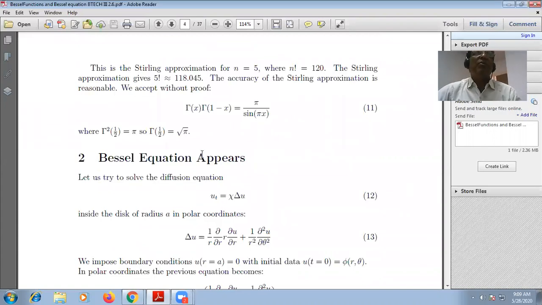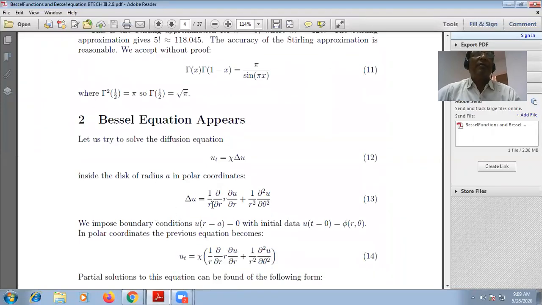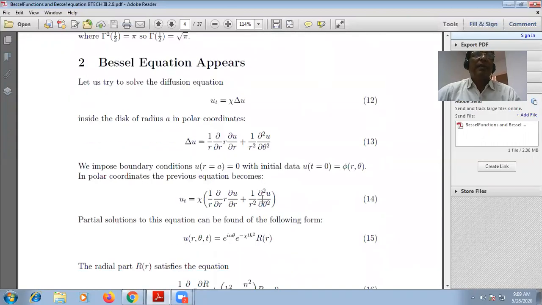Let us try to solve the diffusion equation u t is equal to k delta u inside the disk of radius a in polar coordinates. We impose the boundary condition u at r equal to a is equal to 0, with the initial data u at t equal to 0 is equal to phi of r, theta. In polar coordinates, the previous equation becomes like this.